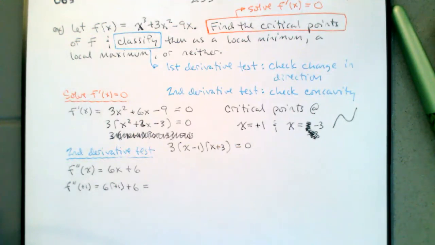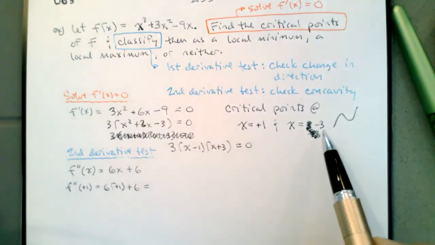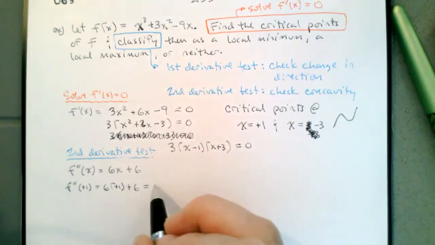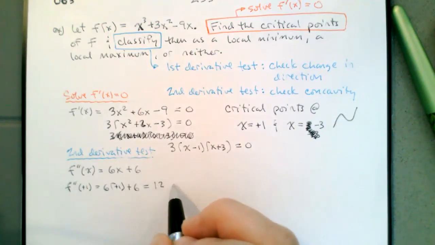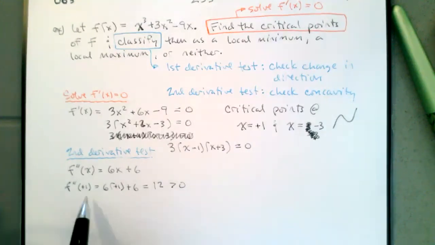Now that we have the correct critical points, we got x equals +1 and x equals -3. When I plug 1 into the second derivative, I get 12, and 12 is positive. So the second derivative is positive at 1.